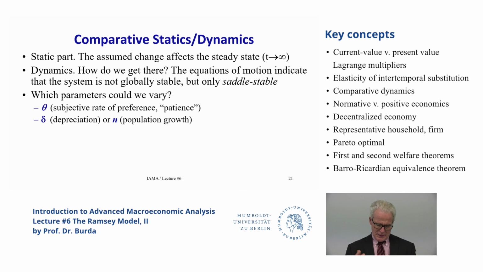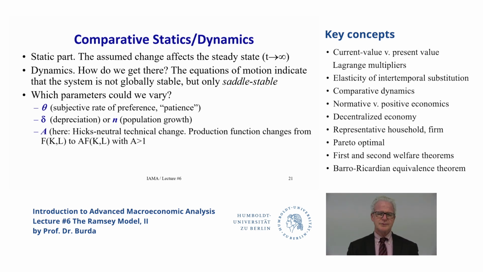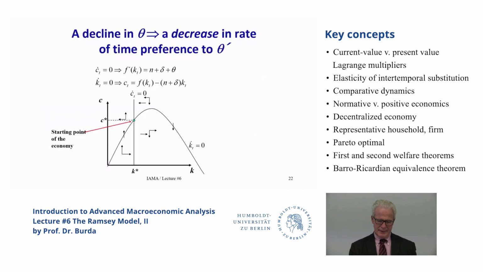Depreciation, the rate of deterioration of the capital stock if nothing is done, or the rate of population growth. We could even also change the level of technical sophistication, not in terms of the growth rate. To make this easier, we'll just shift the production function by a Hicks neutral multiplicative term.